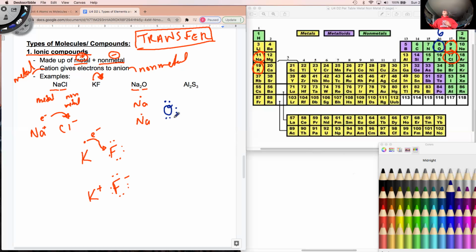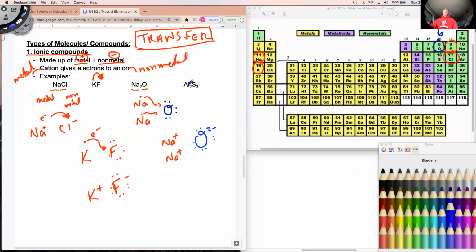And why would oxygen want to get together with 2 sodiums? Well, oxygen wants to gain 2 more electrons, and voila, that electron's going to be given, which is going to leave us with 2 Na pluses and 1 O2 minus. 1, 2, 3, 4, 5, 6, 7, 8.